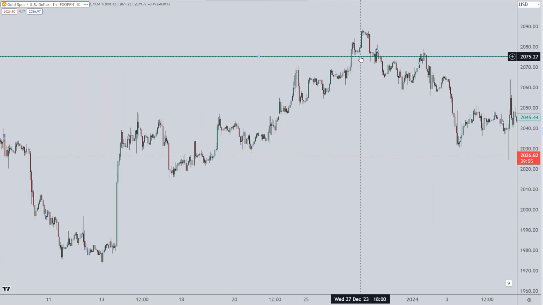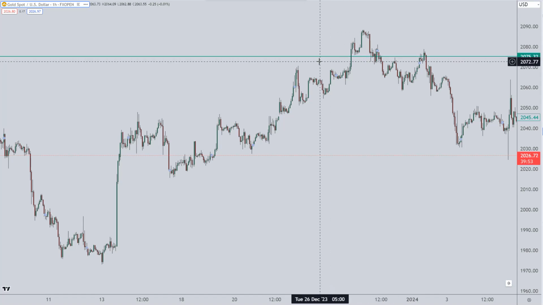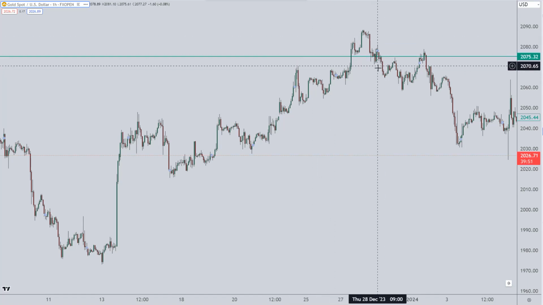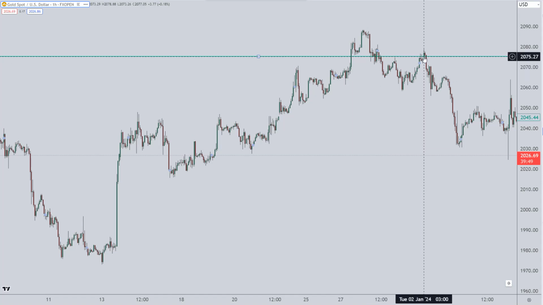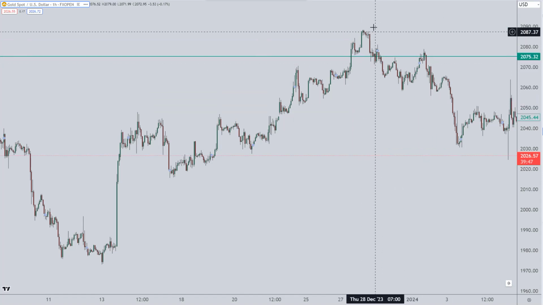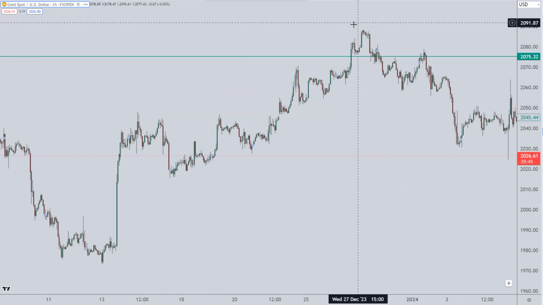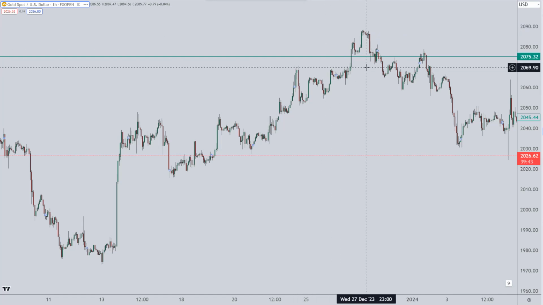So it didn't find resistance at exactly this line. I mean, later when it was coming back down, it popped up to it a little bit. But the phenomenon that we see here is the market on the hourly chart technically broke through that line of resistance from the daily chart.